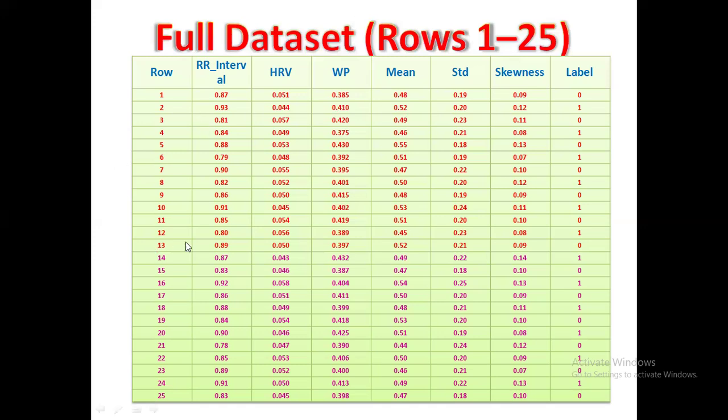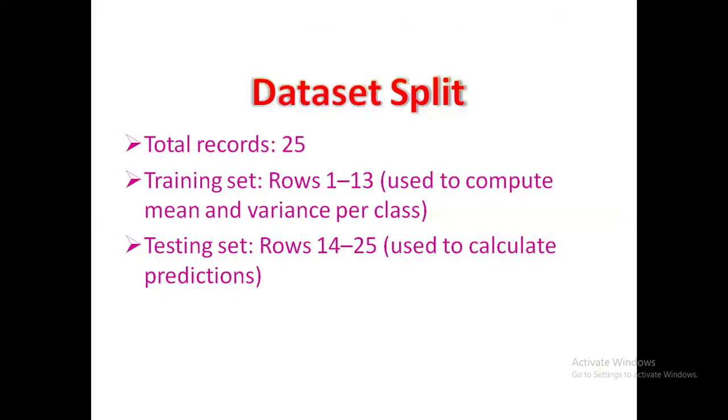So here we are using 13 rows for training. The remaining 12 rows we are using for testing. The first 13 records, rows 1 to 13, are used as the training set. During training, the model computes the mean and the variance of each feature for both classes, normal and abnormal.